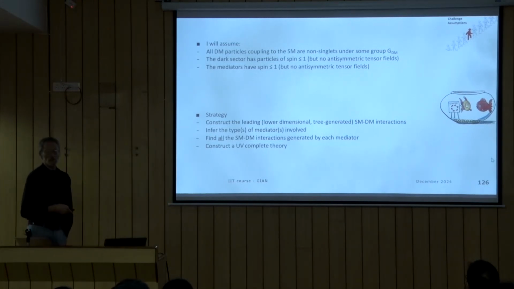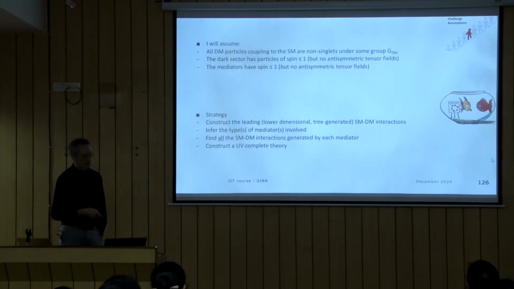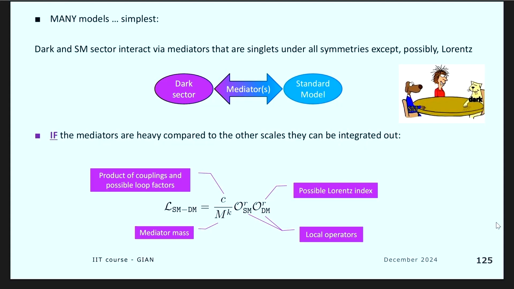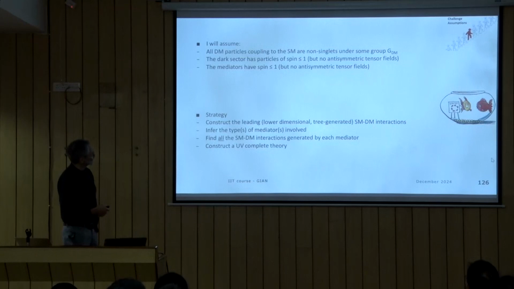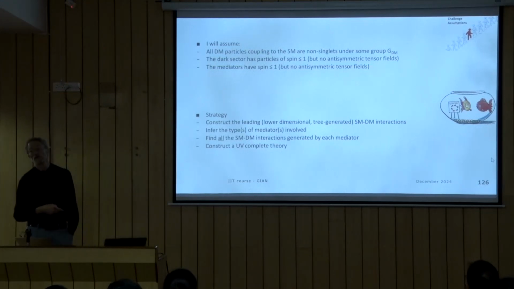So the first thing to do is construct the leading tree-level generated lower dimensional SM-DM interactions. And for that, I need to list these guys, this and this guy, in increasing order of dimension. I will assume also that the dark matter particles are singlets under the standard model gauge group.